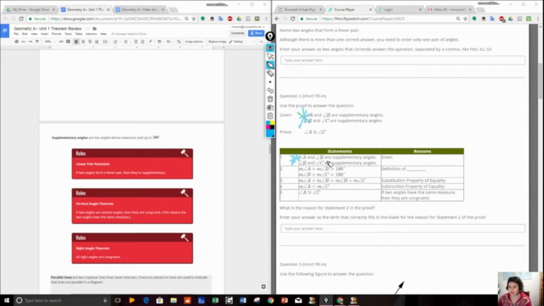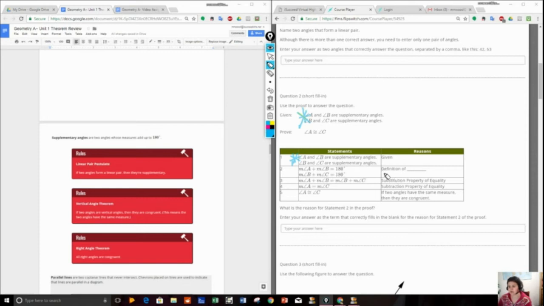Angle A and angle B are supplementary angles. Angle B and angle C are supplementary angles. That's the only thing that we know about these three angles. So it's given. And then we read measure of angle A plus measure of angle B equals 180 degrees. Measure of angle B plus measure of angle C equals 180 degrees.